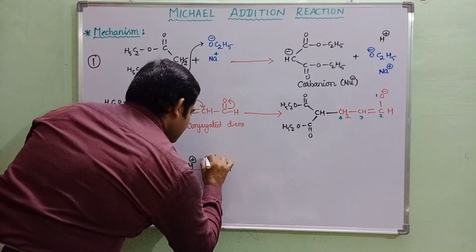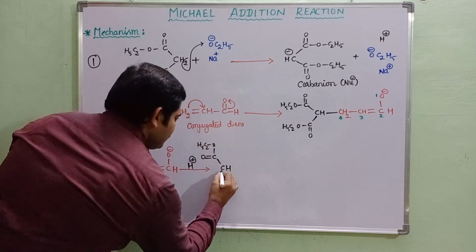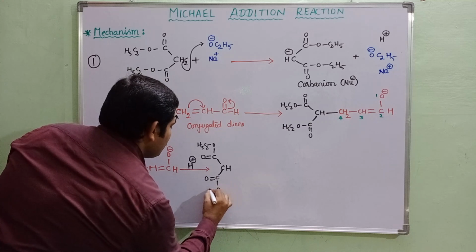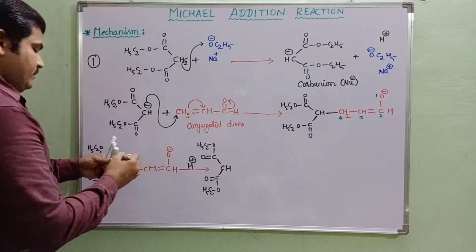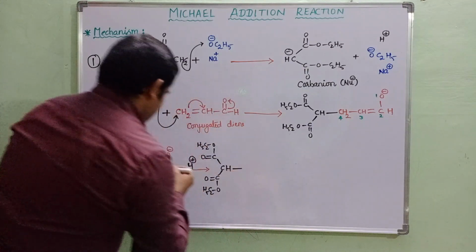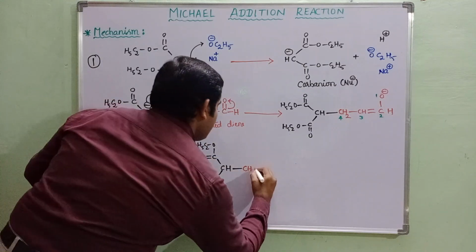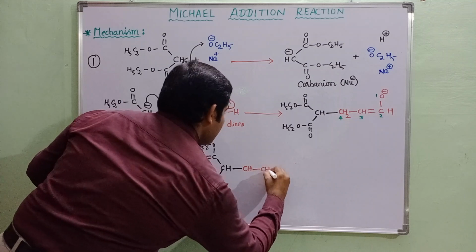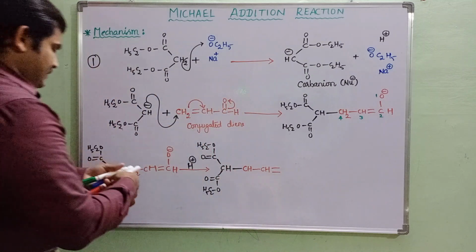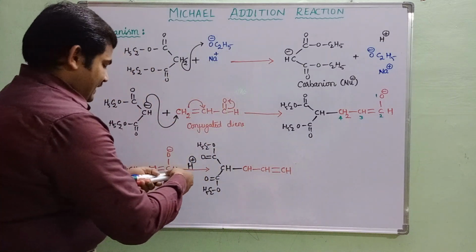CH, C double bond O, O C2H5, C double bond O, O C2H5, with CH2, CH double bond CH. Look at here carefully.